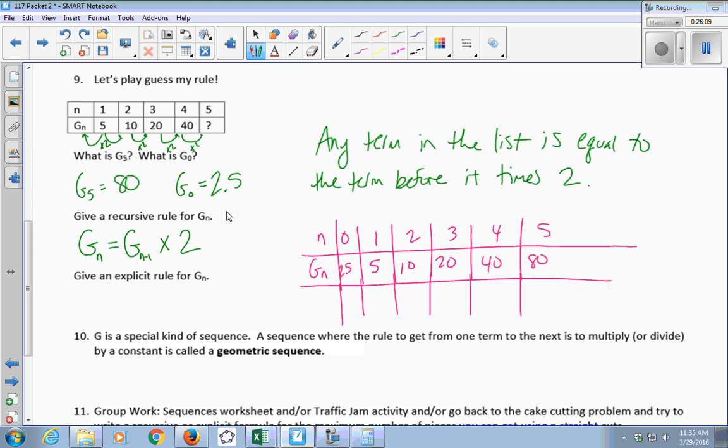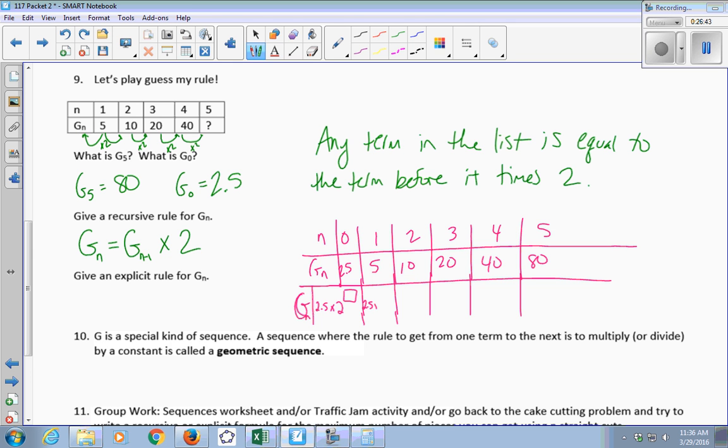Okay, so I'm going to rewrite G sub n here using an exponent of times 2 to the something. So I'm going to do 2.5 times 2 to the something. All of these numbers can be written in that form.